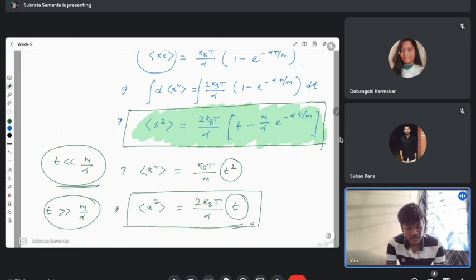So this is a general expression of the x square average. Once we use the proper time regime, that is, time scale much greater than m by alpha, we get this proportional to t. But when you do the opposite case, where your time scale is very small, then this is not valid, so this proportion goes to t square.